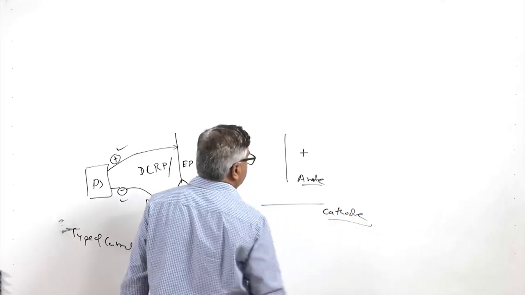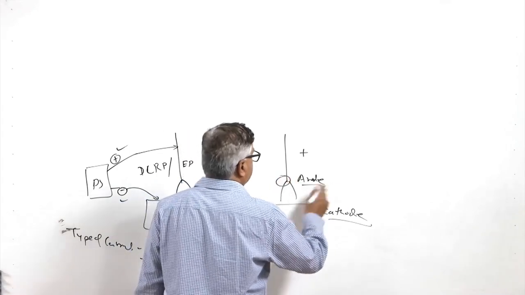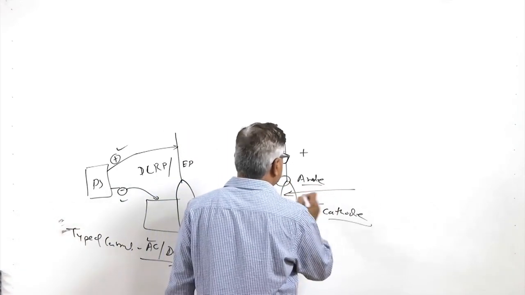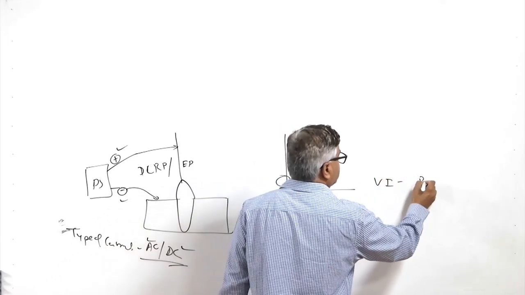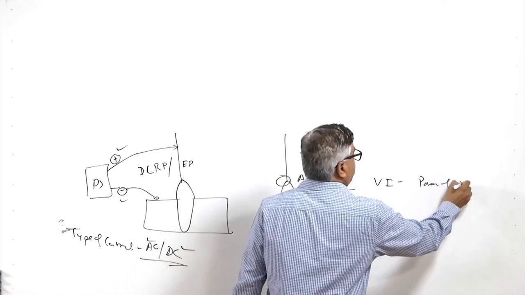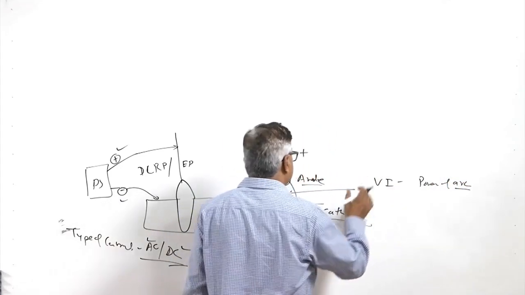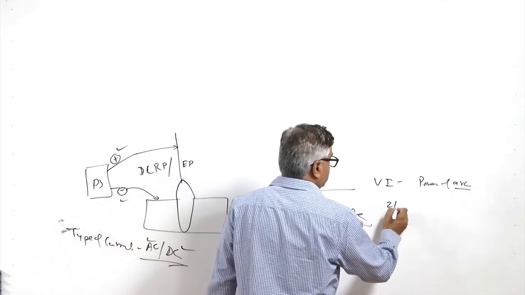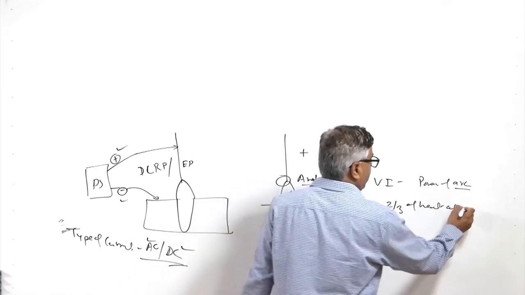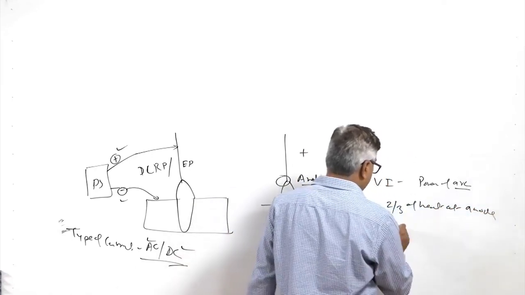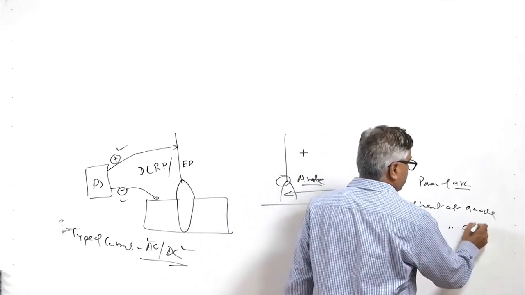In this configuration, the heat generated by the arc can be given by VI, which is also termed the power of the arc. Of the heat generated by the welding arc, 2/3 is generated at the anode side, while 1/3 is generated at the cathode side.